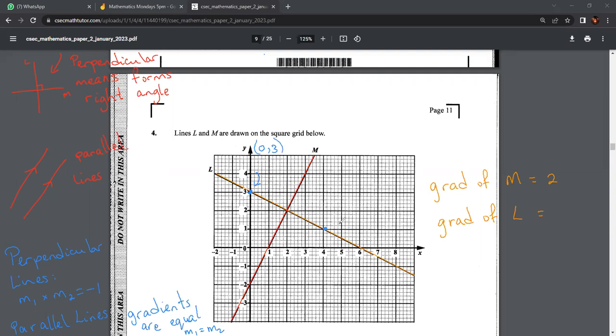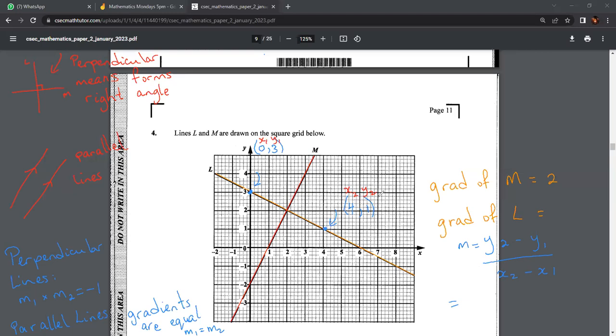And for this one, my value of X is 4 and my value of Y is 1. Remember, in order to find the gradient, you use y2 minus y1 all over x2 minus x1. I could name any one y and x, so you just want to label it so it doesn't mix up.